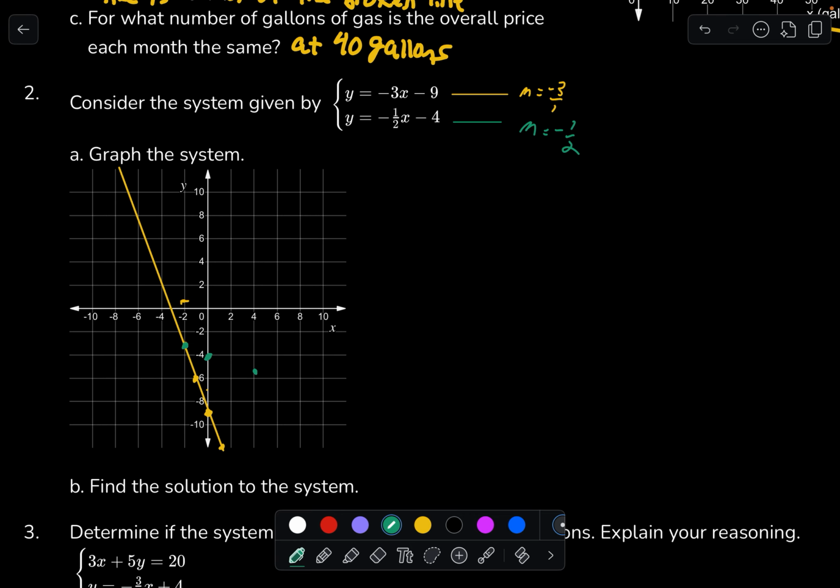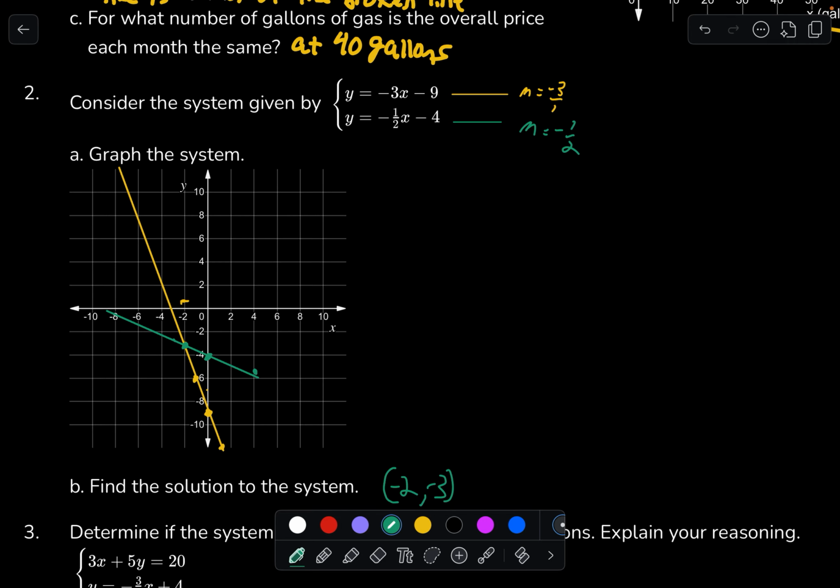And you can see that the solution is not even really a point on the grid. Okay, it's right there, roughly. Okay, and it looks like the solution is, find the solution. The solution is going to be -2, comma, -3.